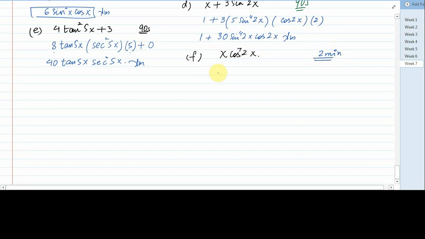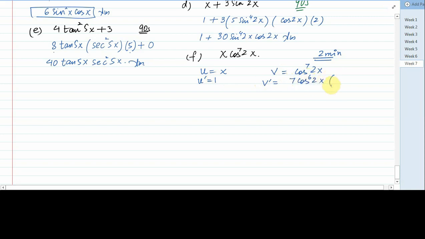Firstly we need to assign u and v here. So u is equal to x and v is equal to cos⁷ 2x. The derivative of u is equal to 1 and the derivative of v is equal to: first we need to differentiate the power. So when you differentiate the power, it will be 7 cos⁶ 2x. Power is differentiated.